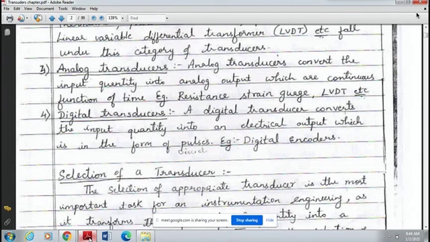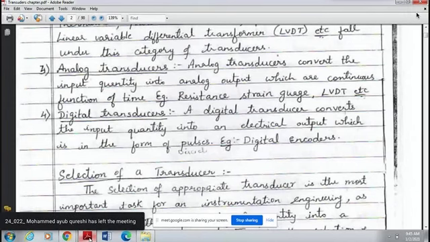If you select some range and operate it for a different application, the transducer will not give proper results. Similarly, sensitivity: it should be highly sensitive to changes in the input, and it should be insensitive to any external parameters. So these are some of the parameters which have to be considered while selecting the transducer.